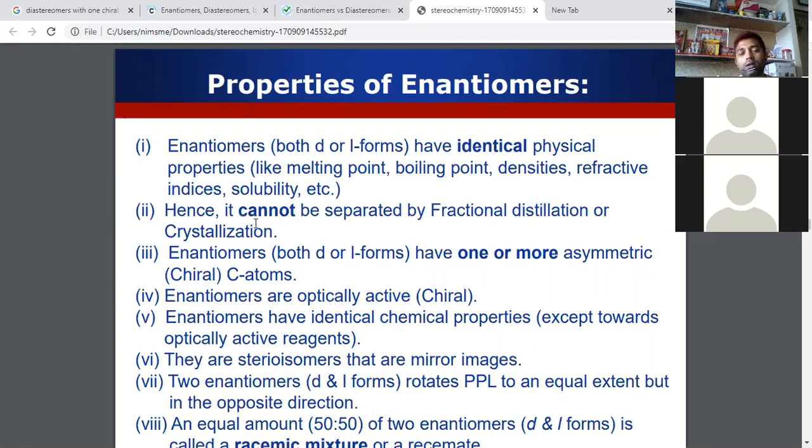This point is not important. This point is important: they have identical physical properties. Okay. Enantiomers have one or more asymmetric chiral carbon atoms.